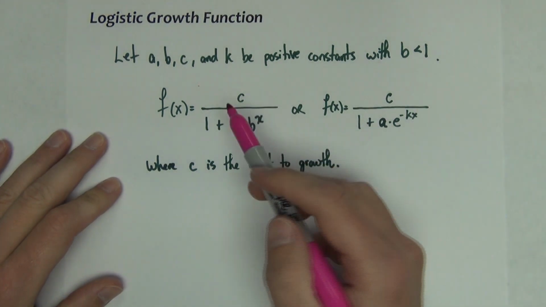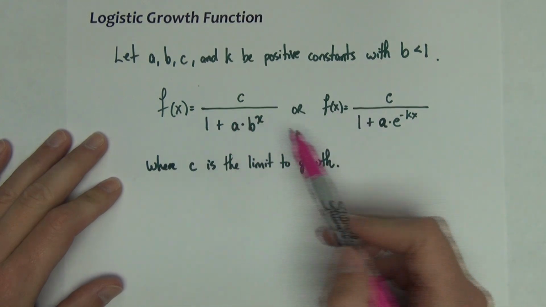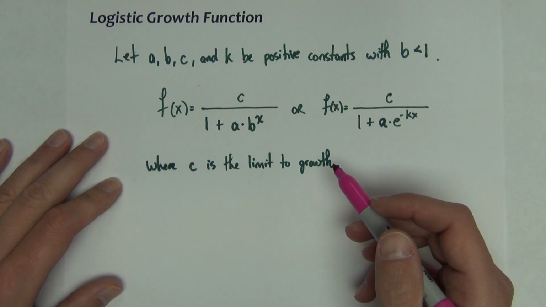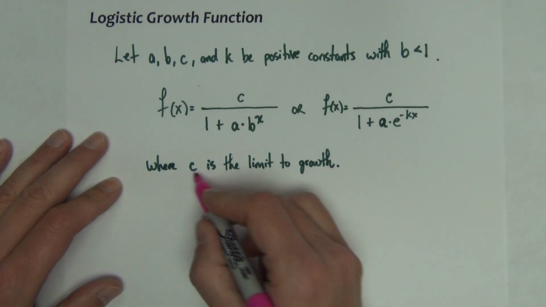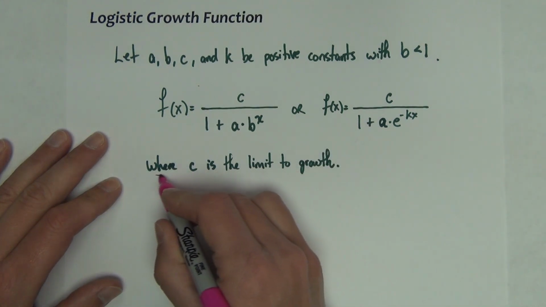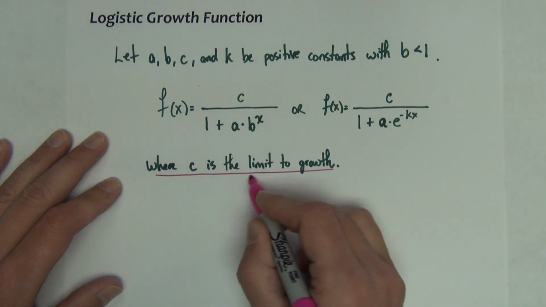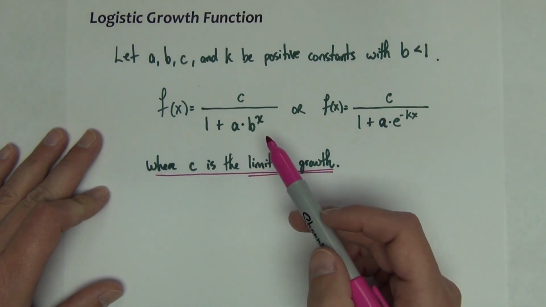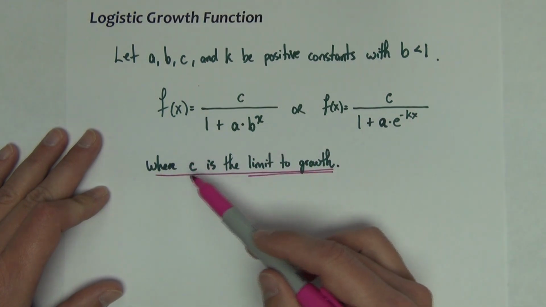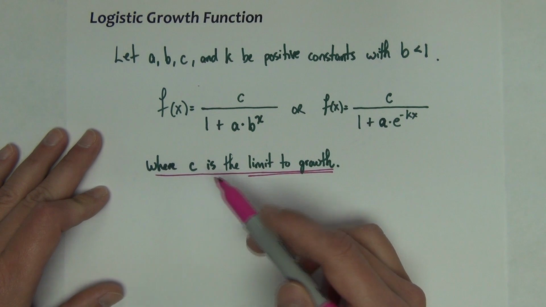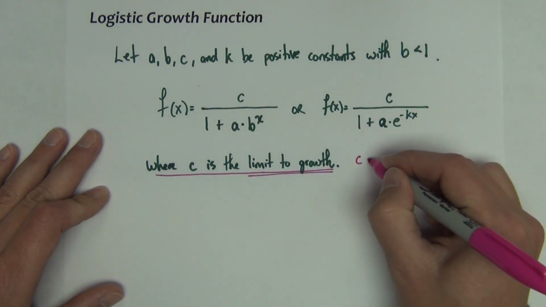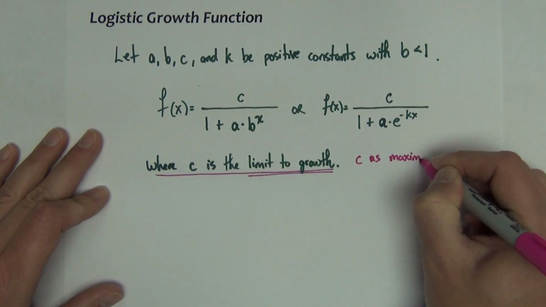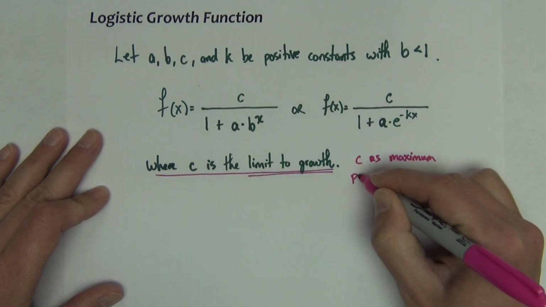These two functions model this logistic growth idea of an exponential growth that levels off over time, where c, this is important, c is the limit to the growth. In other words, the population, or whatever you're using to model this with, will never be larger than c. You can think of c as the maximum possible value.